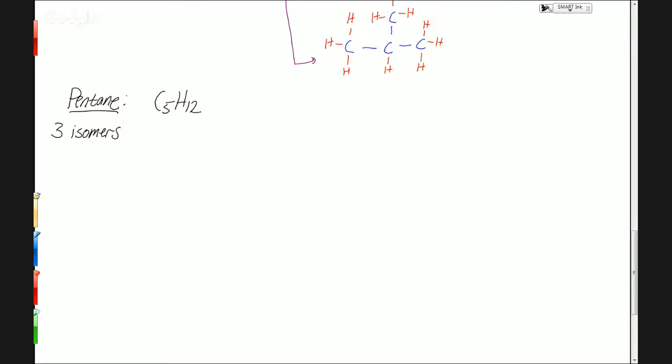I'll draw the first isomer, the one we already did. And then when you think you found a second or third one, come up and draw it for us. And we'll see if we can get them, even if you're not sure if it's right or if it's different. And then we will evaluate them together.